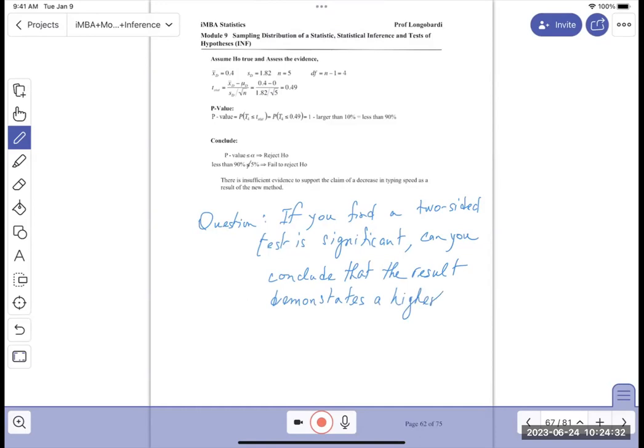Okay, so let's say you do a two-sided test and you find the test is significant. Can you conclude that the result demonstrates a higher or lower parameter?